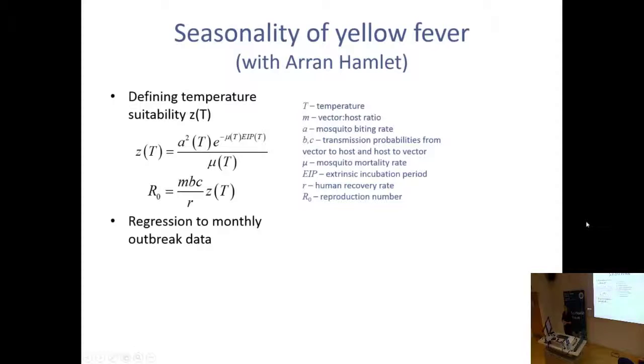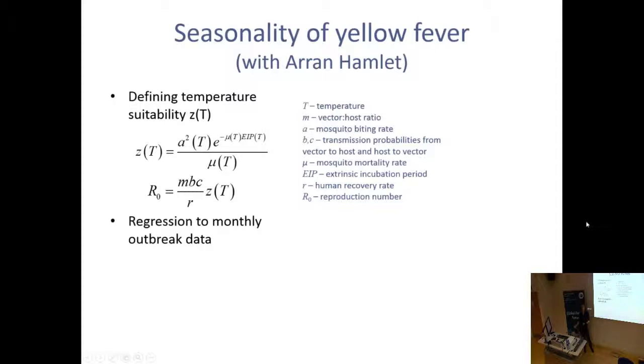So looking at seasonality, what we've done is define a temperature suitability index, similar to what Sam mentioned earlier. It's basically pulling together the temperature-dependent aspects that relate to the transmission intensity. So for instance, we've got the biting rate of a mosquito.